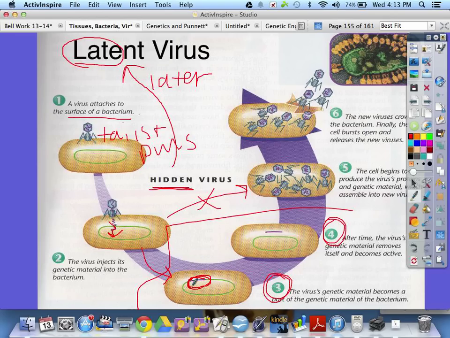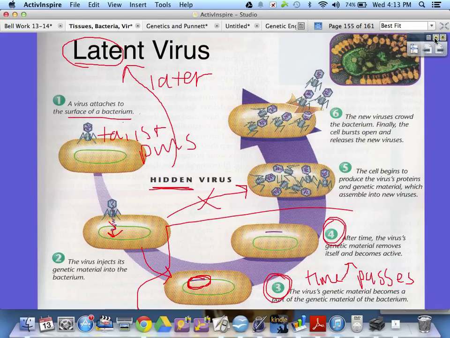And then time passes. And we go up here. And eventually they wait for the perfect time to strike, pretty much. So they wait for the time to strike, and they wait until you're already sick, or it's that time of the year that your immune system is down, and then the viral DNA will remove itself and then become active again.